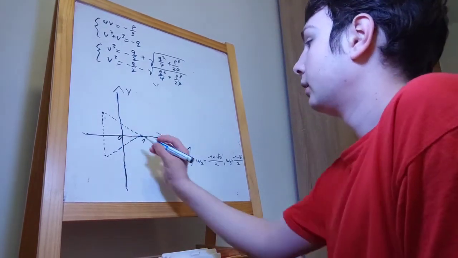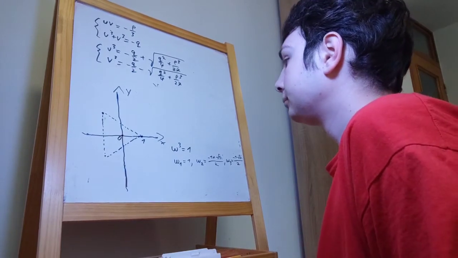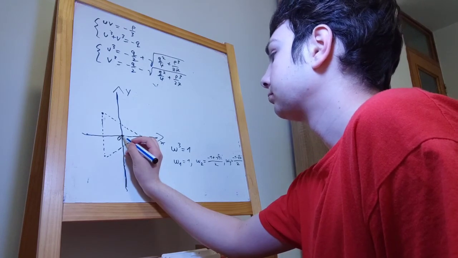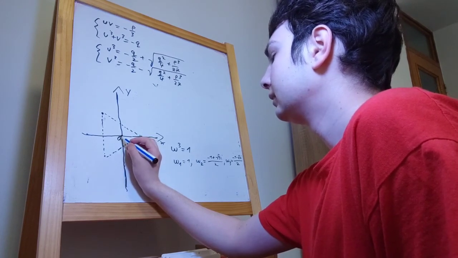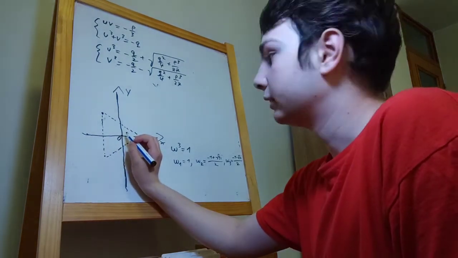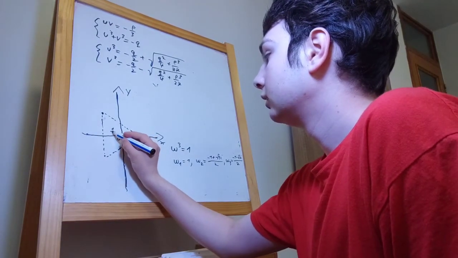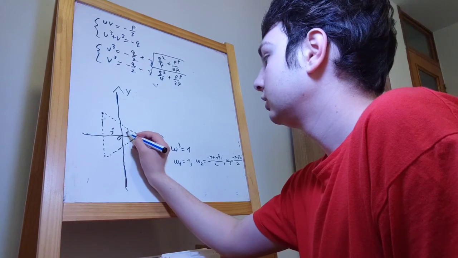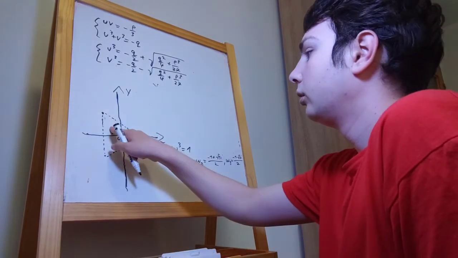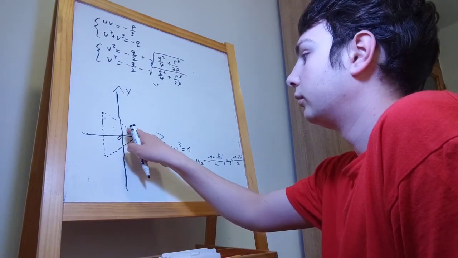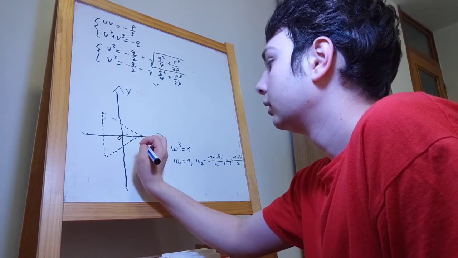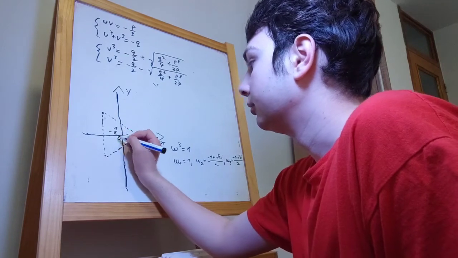Here's the origin, and this part, since this is a median center, I mean the center of weight of the triangle, this part is 1/3 and this one is 2/3. And since we have 1 here we have 1/2 of that, which is 1/2, but since it's negative, it's minus 1/2.